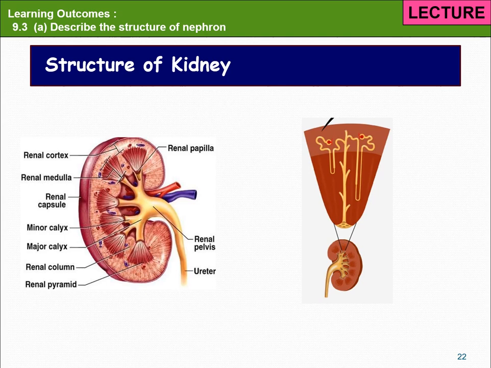Nephrons are microscopic and cannot be seen with the naked eye, only under an electron microscope. Each papilla here has several pores, the openings of collecting ducts, which collect urine towards the ureter.